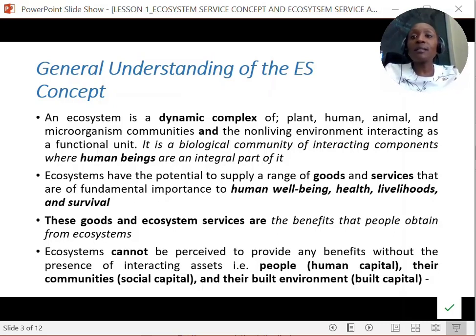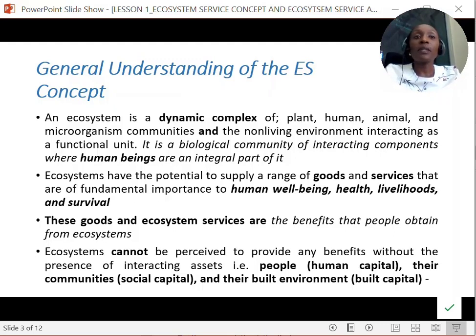The same ecosystems, which are in reality embedded in nature, have a very high potential to supply a range of goods and services. These are the services that we are calling ecosystem services, and they are very fundamental to human well-being, from our health and our livelihoods to, most importantly, our survival.